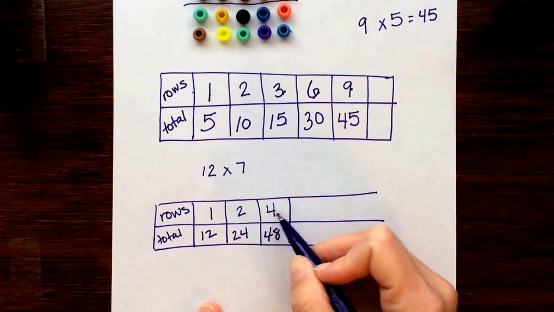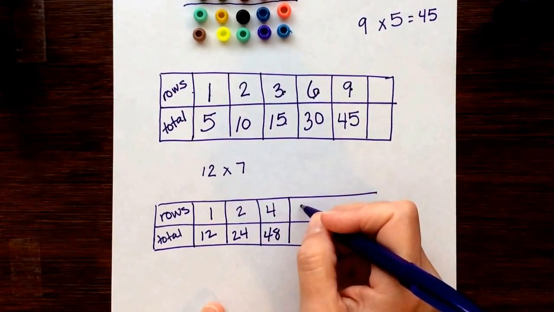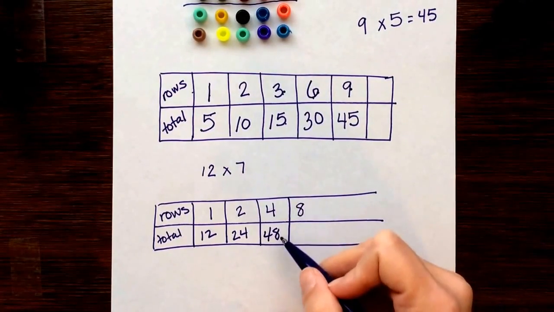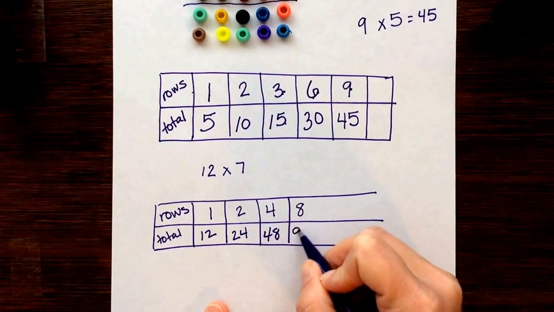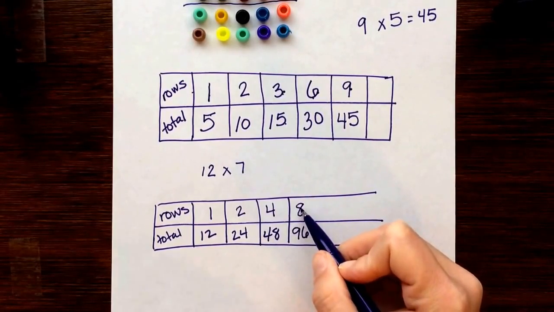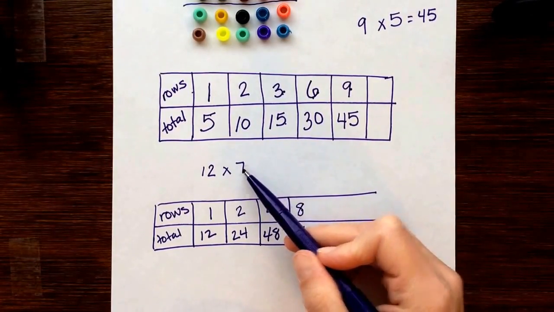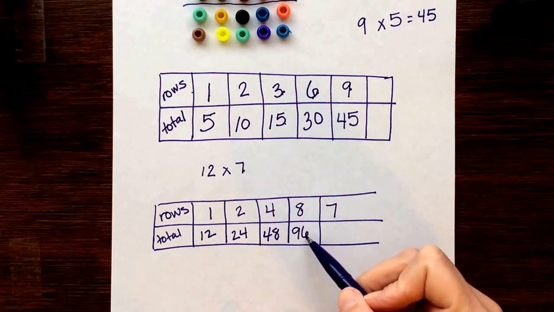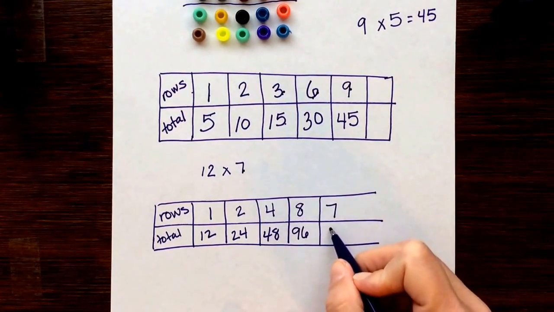If I double the 4, I get 8. 48 doubled is 96, but that's too many because I only needed 7. So I can also think about 96 minus the 12 gives me 84.